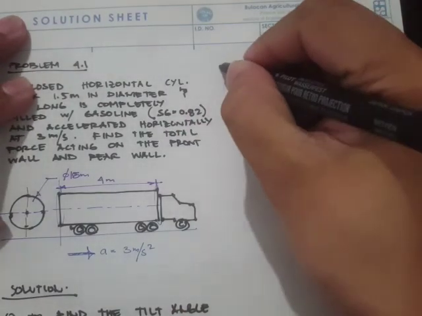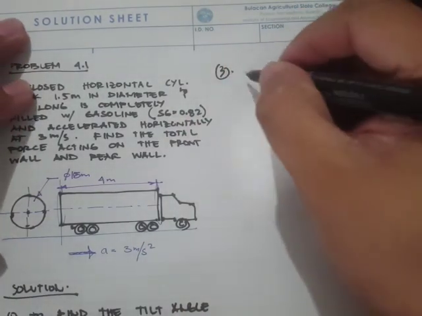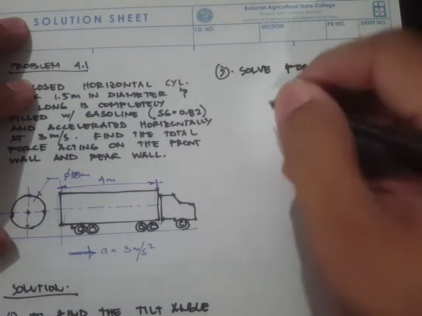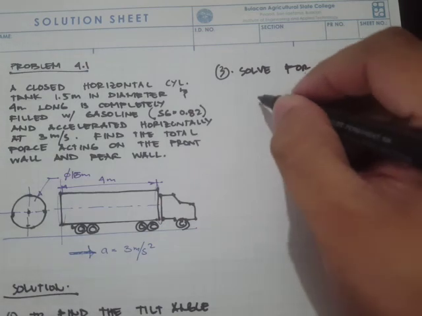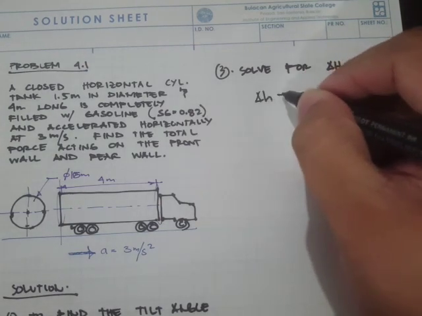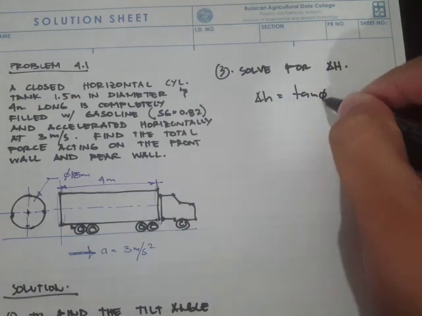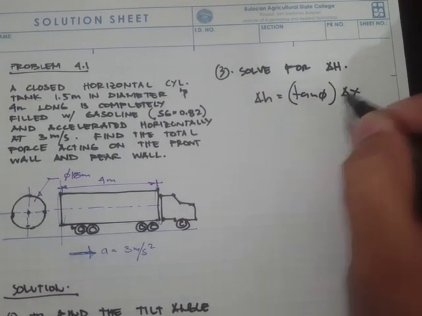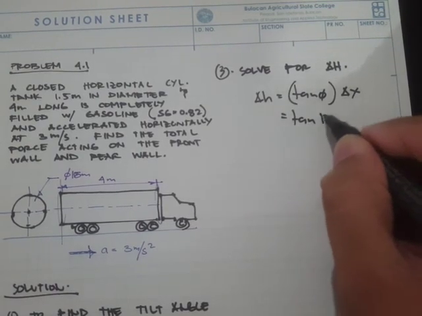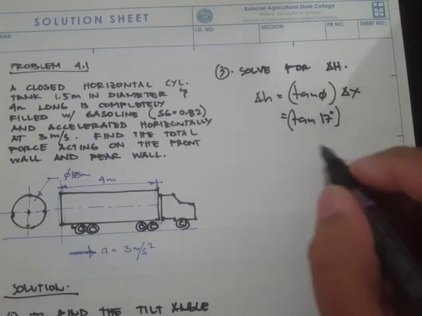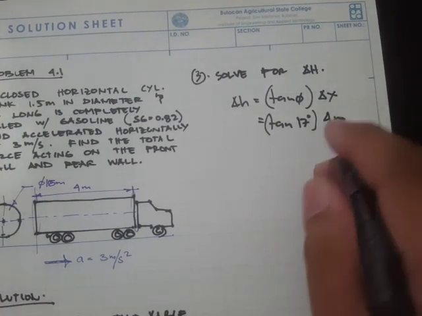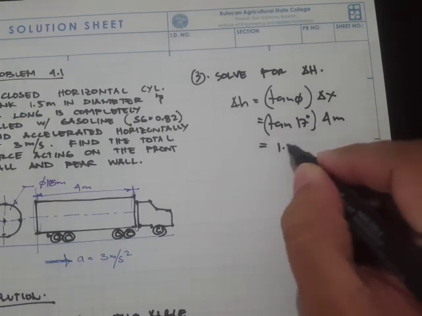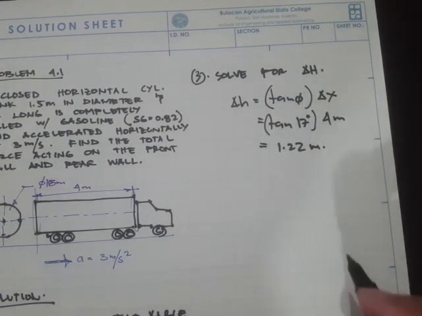Okay, so number 3, solve for delta H. Since we have the angle, delta H is just equal to tangent theta times delta X. So tangent 17 degrees times delta X, which is 4 meters. We get 1.22 meters.